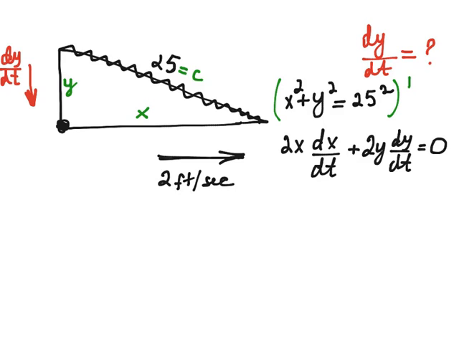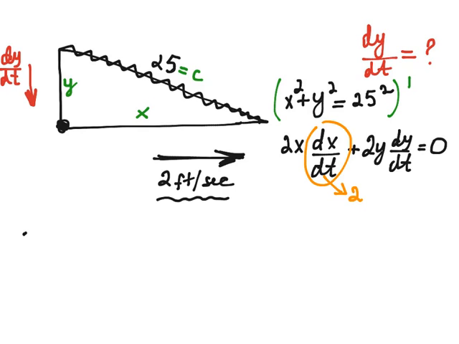So that means, one more time, this value, dx/dt, is 2. So I can replace my dx/dt with 2 later on.